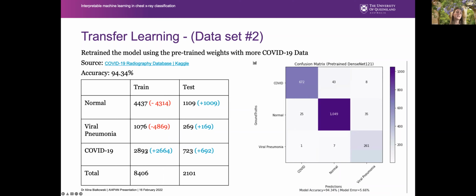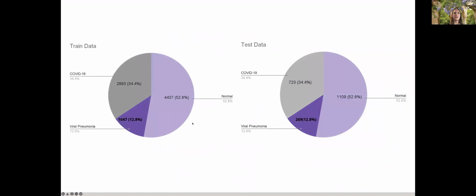In some cases less, but we have significantly more COVID-19 examples. Retraining that model, we get this nice diagonal, so it's actually performing the classification correctly. Looking at the distribution, we now have a lot more COVID-19, so hopefully we can get a better diagnosis or detection of COVID-19.